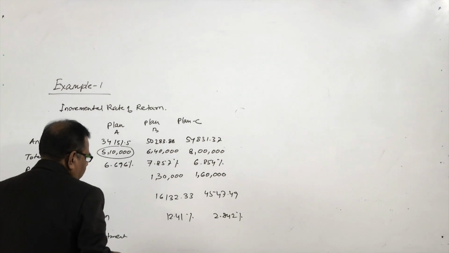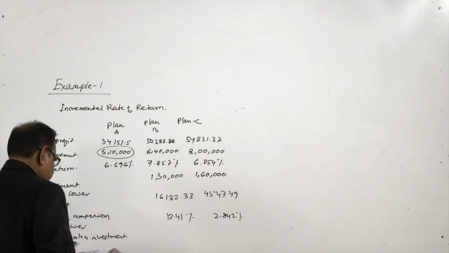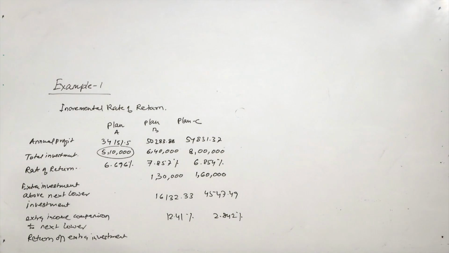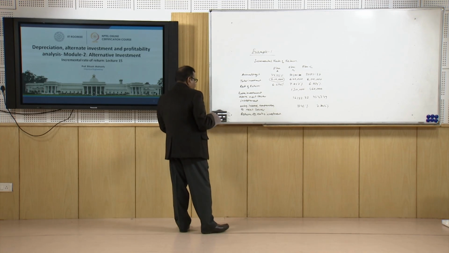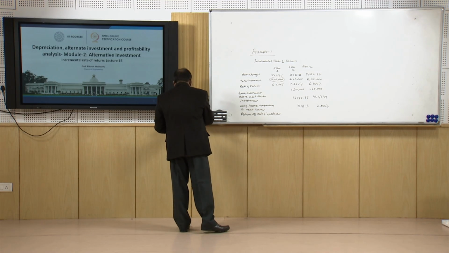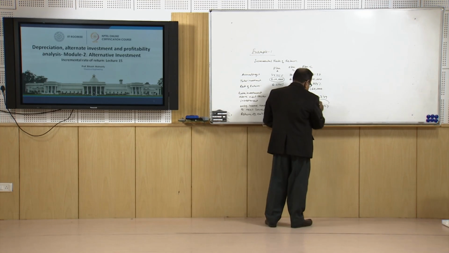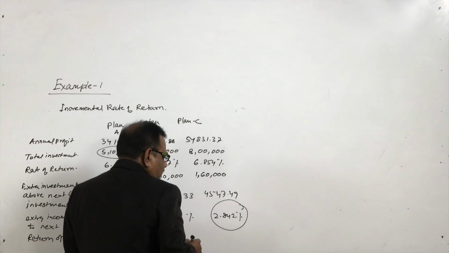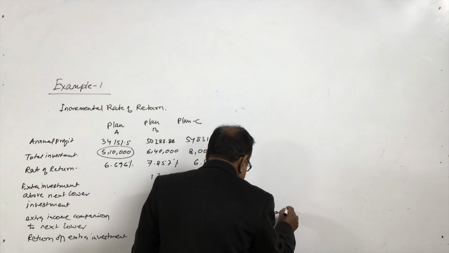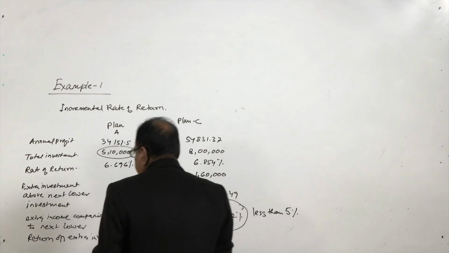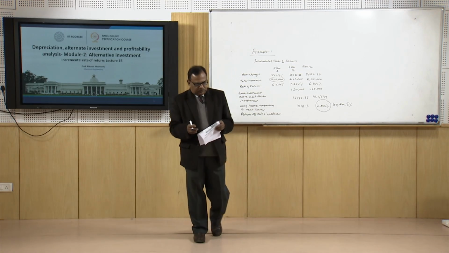Similarly, this divided by this is this. So, what is my conclusion? Now, we will observe that this percentage is less than 5%, which is my minimum return which I require.